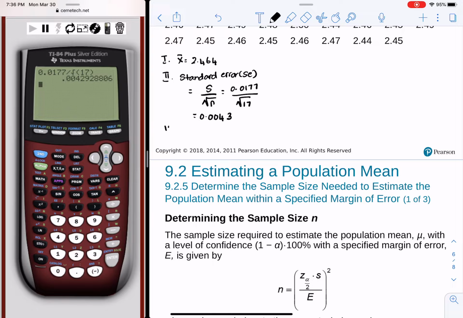The next step is to find the critical value, which is t sub alpha over 2, comma df. So that is the curve we have.